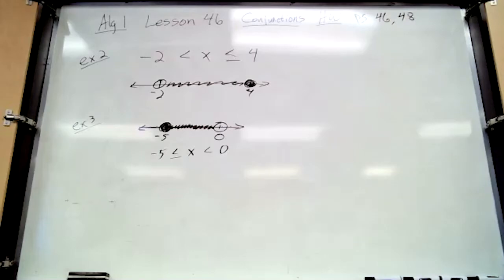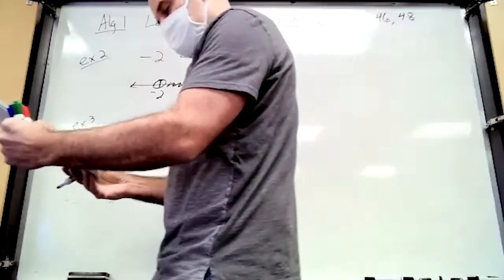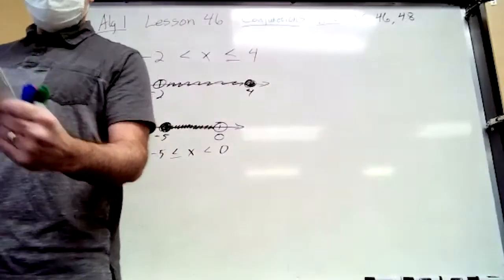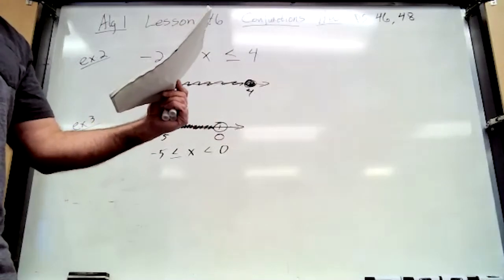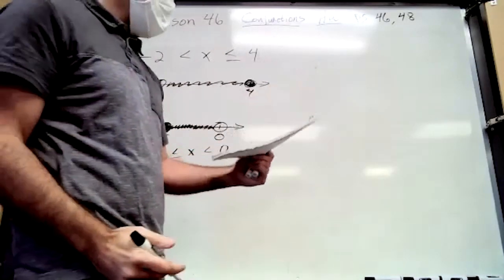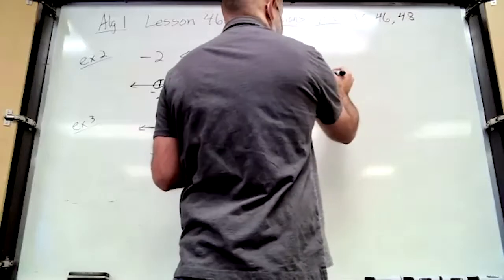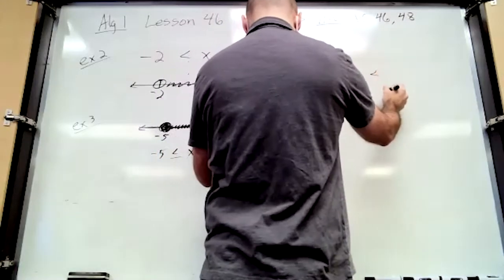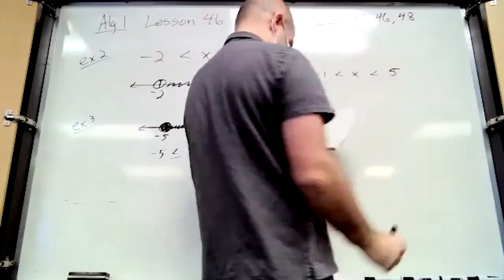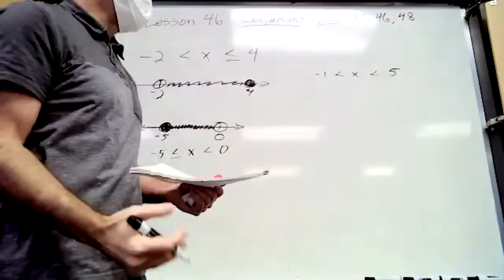Okay, good. All right, and then you might get homework that just says an English statement, numbers greater than -1 and less than or equal to 5. So numbers greater than -1 and less than or equal to 5, then you can write an inequality and then you can graph it.